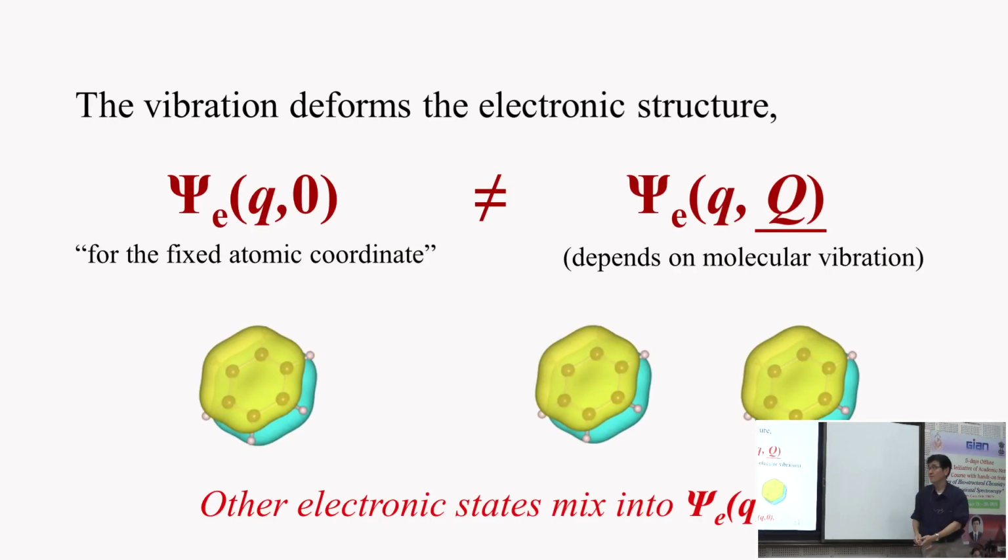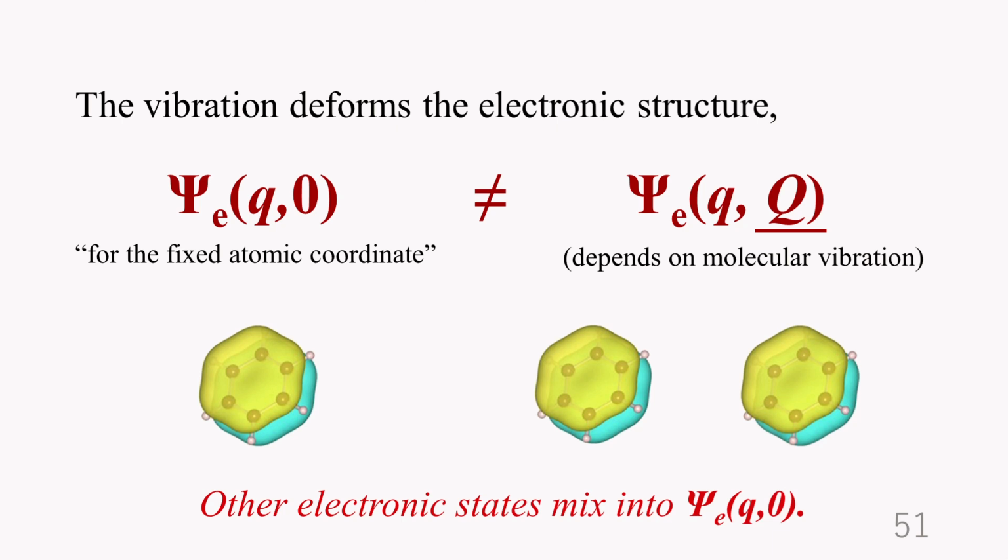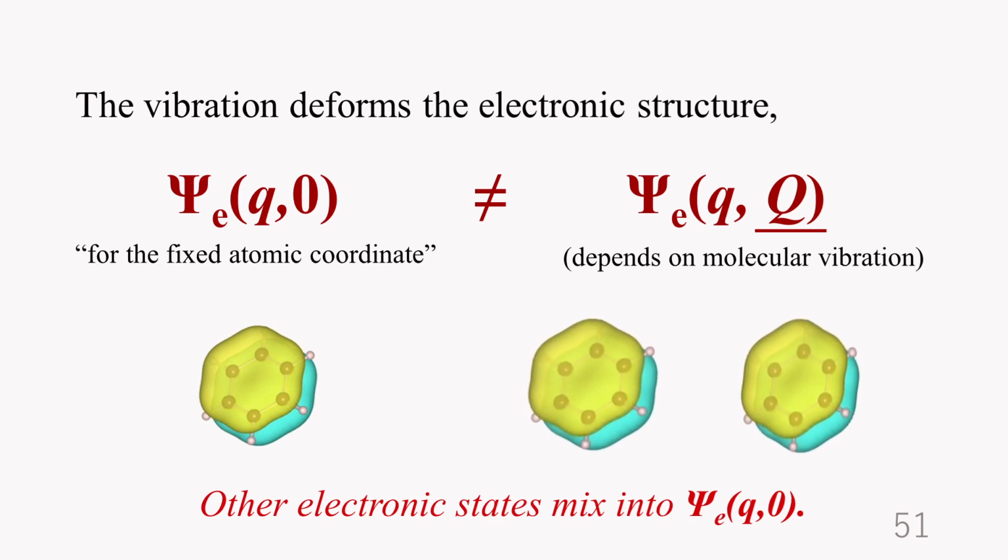But there is a fact that when the molecule vibrates, it's clear that the distribution of electrons is different between the static configuration and the moving one.